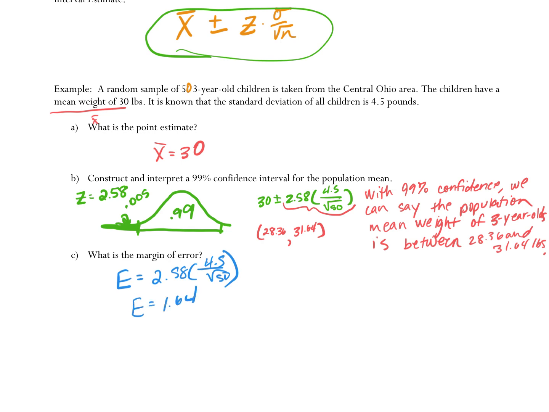The other way you could do it is you could say that I know that 30 plus that error is equal to 31.64. And so you could just subtract to get there as well. Whichever way makes the most sense to you, I'm fine with. Likewise, you don't necessarily need to calculate this by hand, right? Just like for the z-interval for proportions.